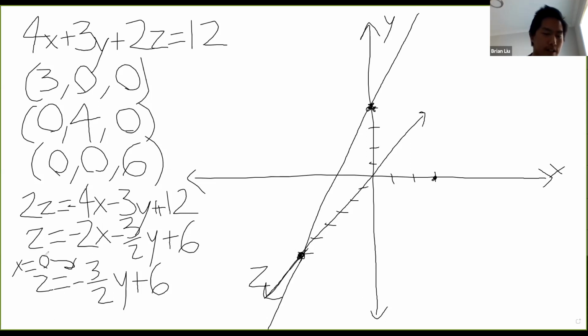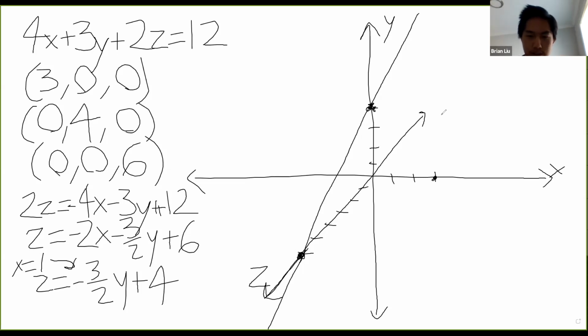And then say if x equals 1, then we have negative 2 times 1 minus 3 over 2y plus 6. So this negative 2 combines with the plus 6, and we get that if x is 1, then this equation becomes z equals negative 3 over 2y plus 4.